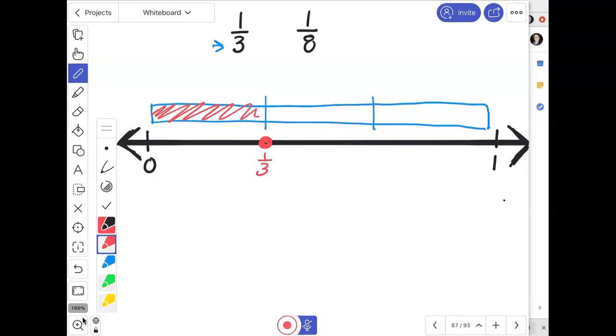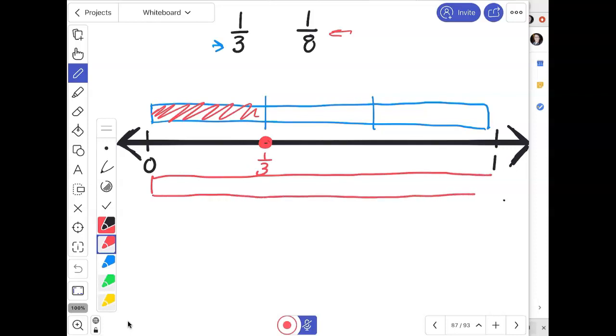Then I do the next bar below the number line. And it helps me visualize that visual fraction model to connect it to my number line. So the denominator is 8, so I'm going to break this into 8 equal parts. For me, the easiest way to do that is to break it into 4 equal parts and then just cut each one of those in half.